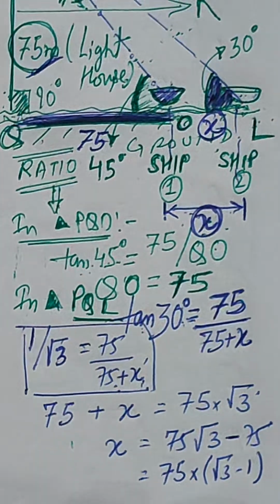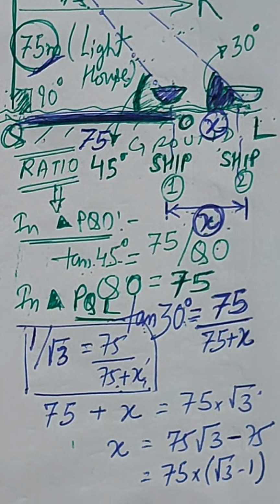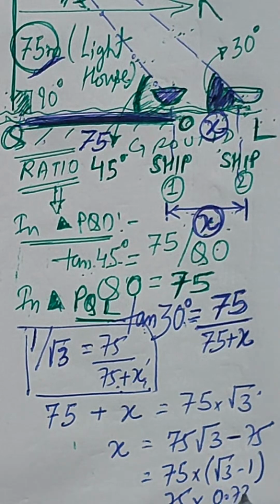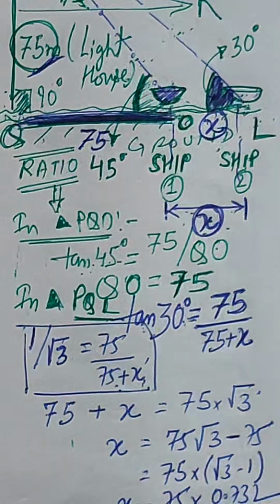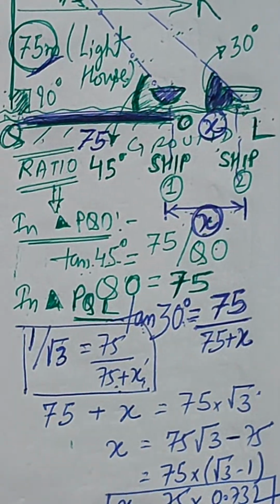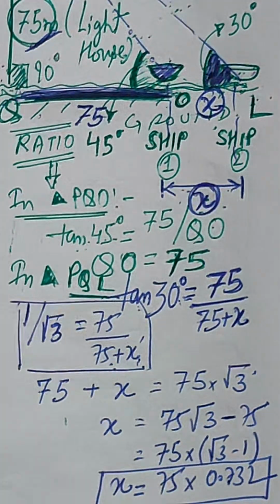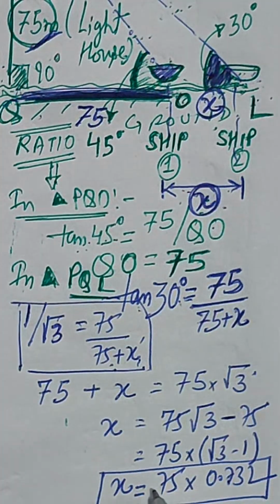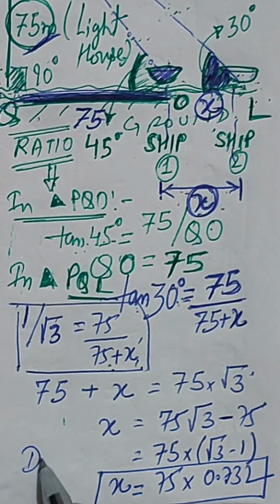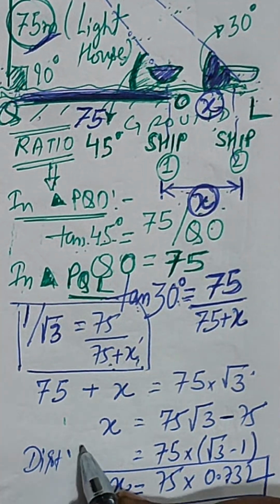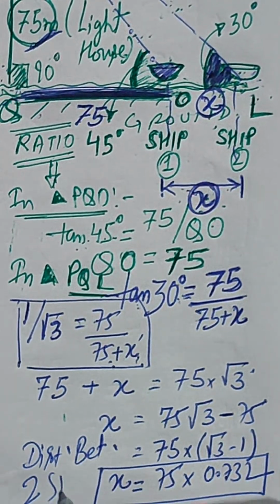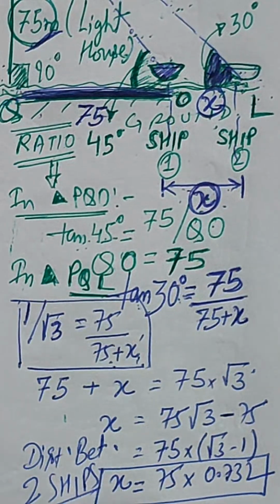Root 3 is 1.732, minus 1. This will give you 75 into 0.732. So the value of x, just do this multiplication, my dear friends. This will give you the distance between these two ships, right?